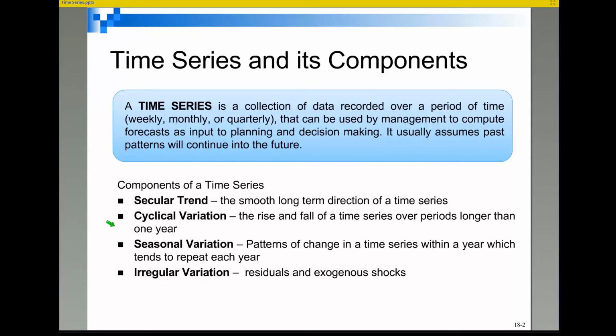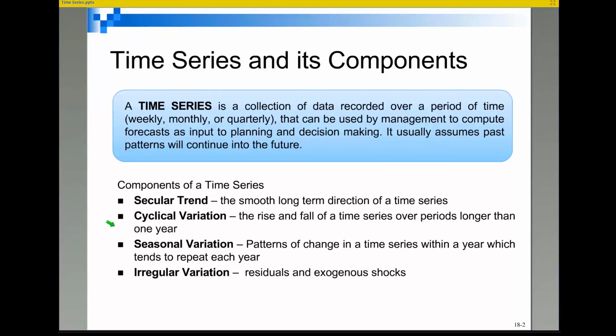The economy is going from recession to recovery, and then to the peak, which is boom. The economy is going in boom condition, and then going through this cycle again and again.